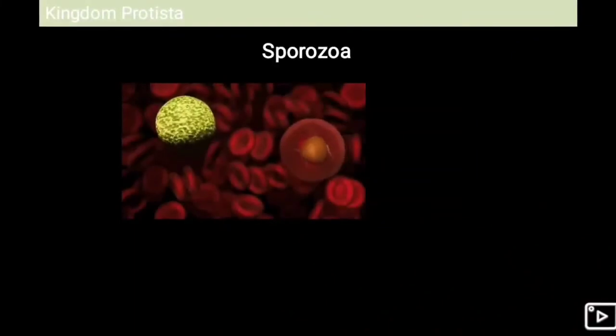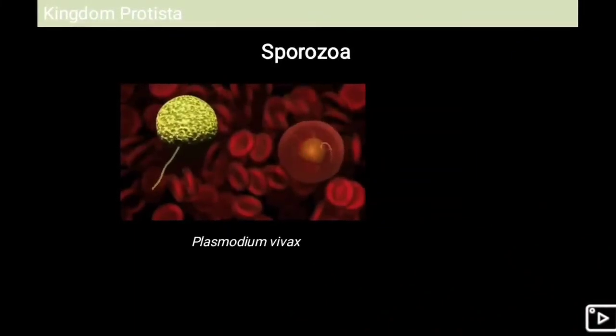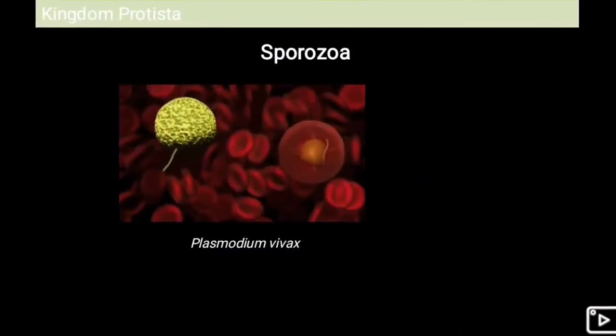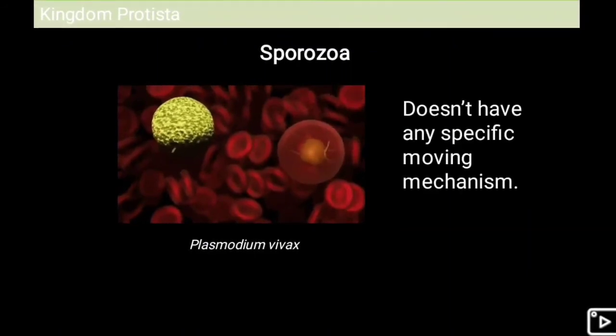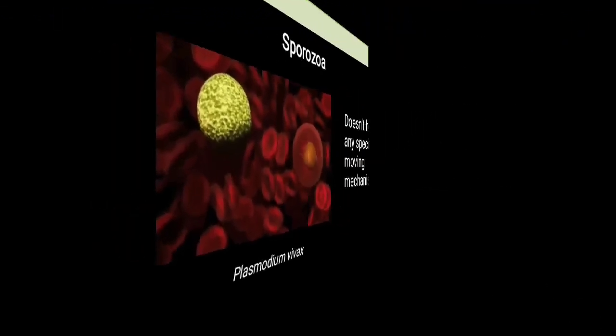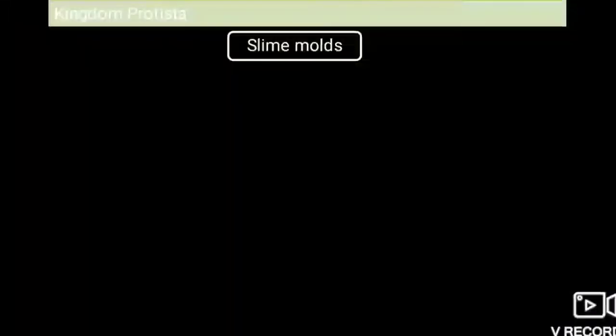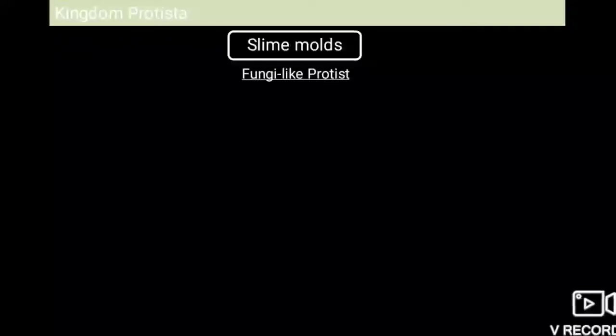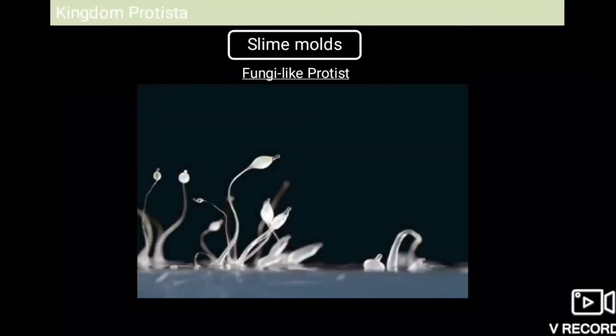The last type is Sporozoa. The example of Sporozoa is Plasmodium vivax. It can cause malaria disease. Sporozoa doesn't have any specific moving mechanisms. The second member of Kingdom Protista is slime molds, or fungi-like protists.